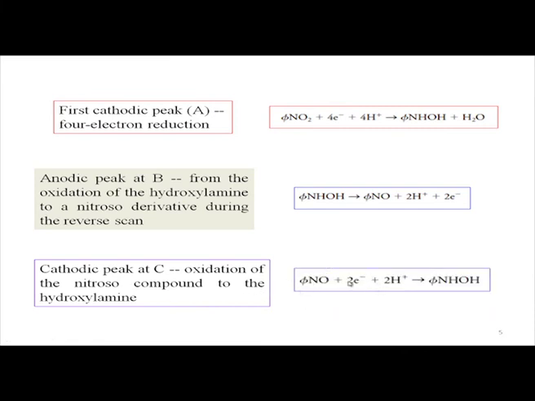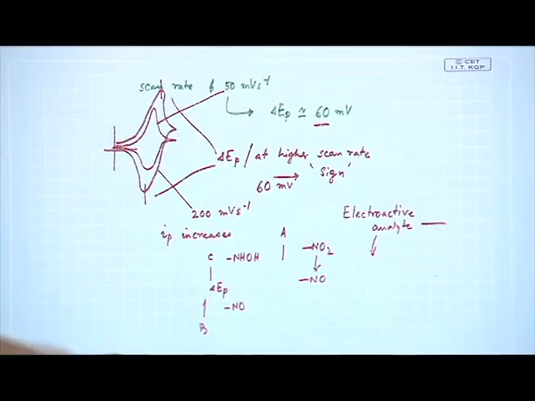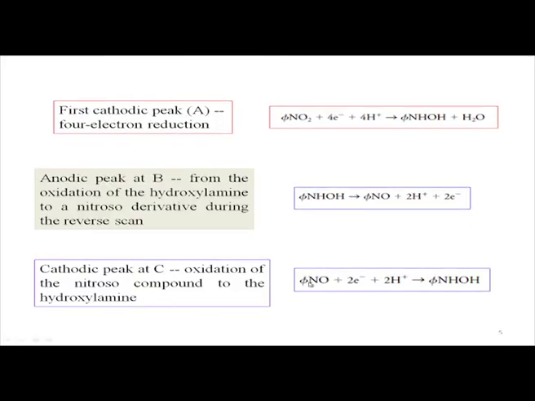So again it is a 2 electron 2 proton transfer, as we all know that whenever electron transfer goes in one direction, the proton transfer will go in the other direction in terms of the electrodes concerned. So this phi NO with a 2 electron transfer will give back this. If we cycle it back again, you will get a reversible peak for these two.